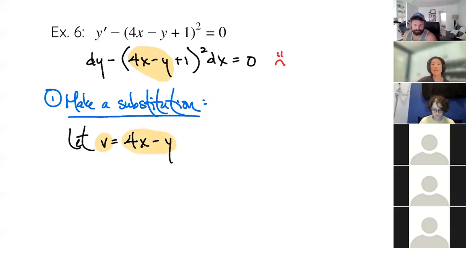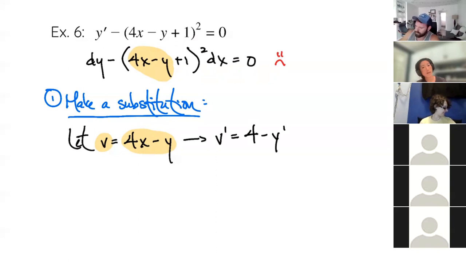And if we're taking derivatives with respect to x, then we can say that v prime is equal to 4 minus y prime. All right, so anytime you're making a substitution, it's good to get in the habit of not only taking care of the variable that I'm substituting, but also the derivative of that variable. All right.